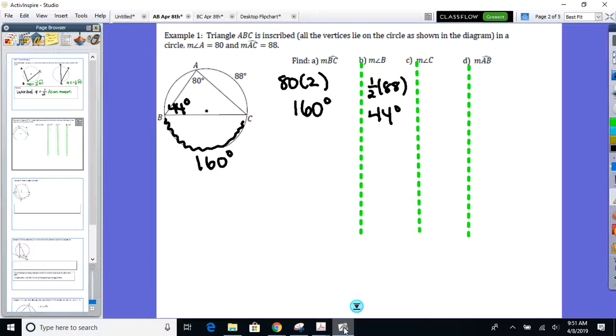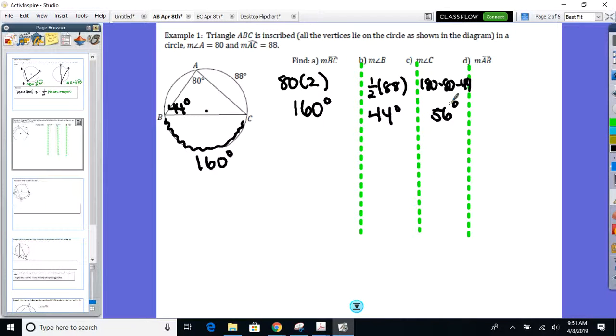Angle C, the remaining angle in a triangle that I do not know. Add 80 and 44 and subtract it from 180. Okay. 56. All right, there we go.